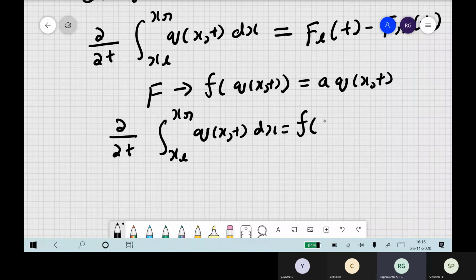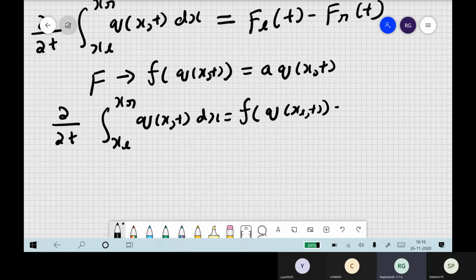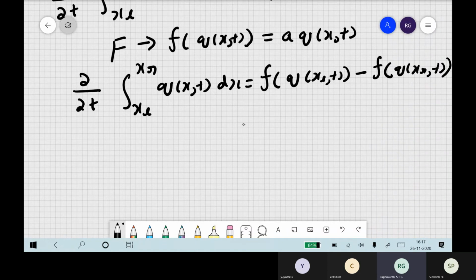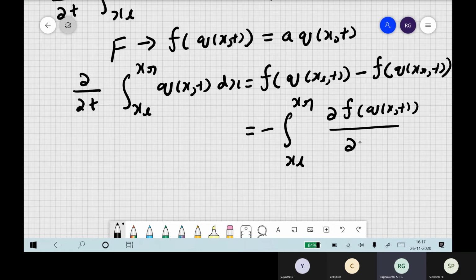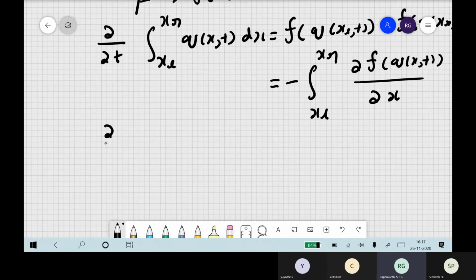This becomes f of q(x_L,t), on the left side of the boundary, minus f of q on the right side, how much inflow and outflow. Finally, after doing some mathematics here and there, you can convert this into an integral of d f(q(x,t)) by dx, and you can write this entire quantity like this.